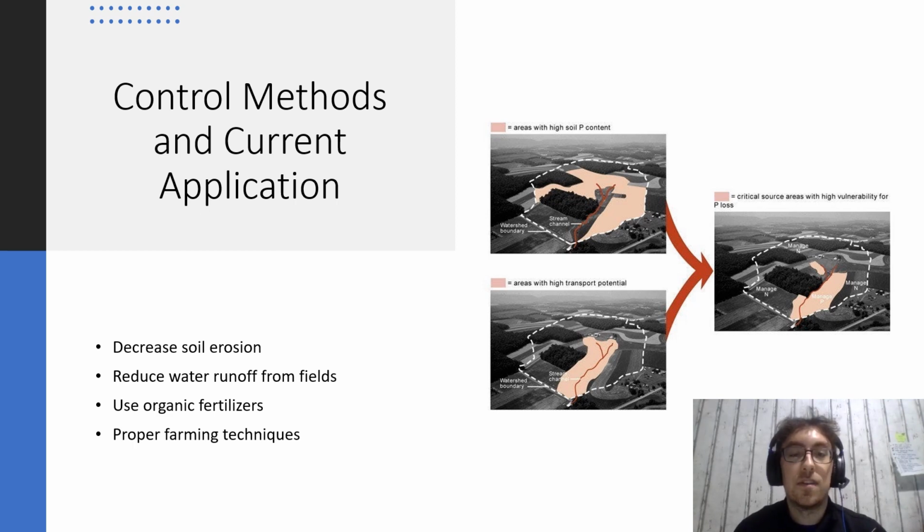But as for the control methods, and at the beginning of a current application, to further explain how phosphorus is tested in the environment and how we might potentially sample said phosphorus, we'll now be going through some current examples of that.